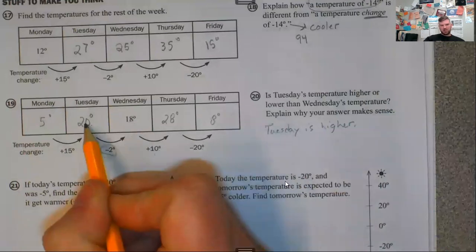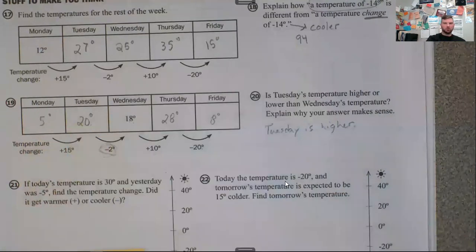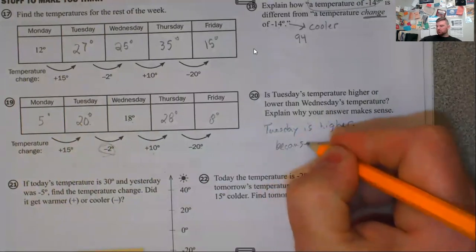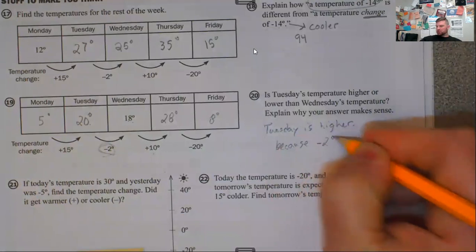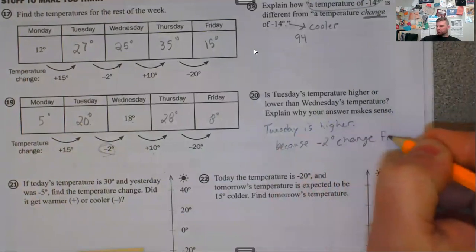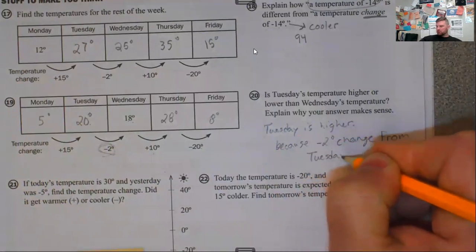But if you go Tuesday to Wednesday, you subtract 2. So Tuesday's is higher because of the negative 2 degree change from Tuesday to Wednesday.